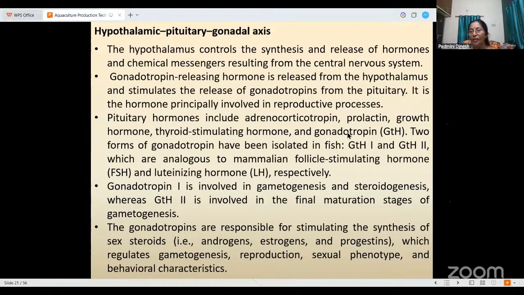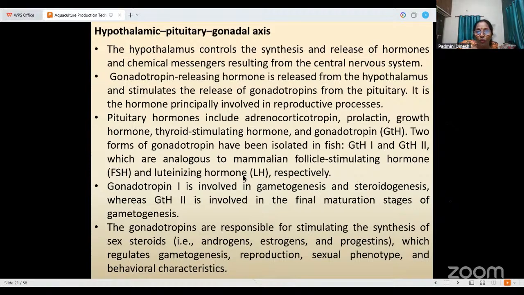What are they? Gonadotrophin 1 and 2. And these are analogous to those in mammals also. What are they? The mammalian follicle stimulating hormone and the luteinizing hormone. GTH1 is the follicle stimulating hormone of the mammals, and GTH2 of the fish is equivalent to the luteinizing hormone of the mammals. So what is the function of the follicle stimulating hormone?